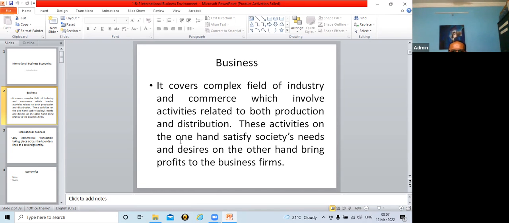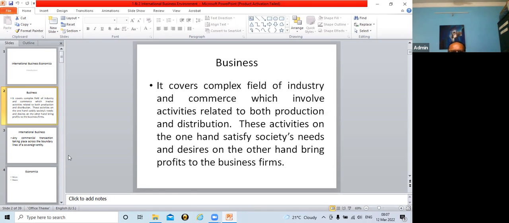These activities, on the one hand, satisfy society's needs and desires. On the other hand, they bring profits to the business firm. So there is a win-win situation in business. On one side, you are satisfying the needs of society, and on the other side, you are earning profit doing this. That is known as business.